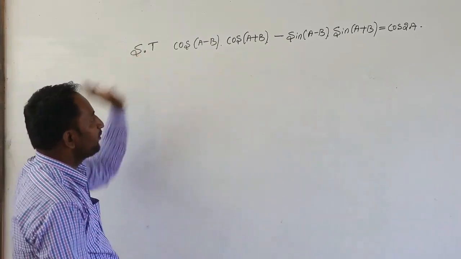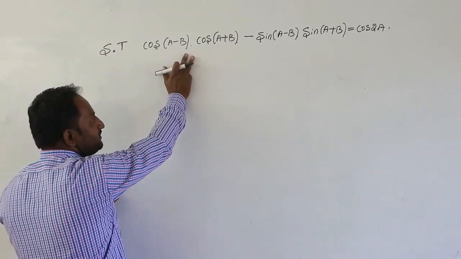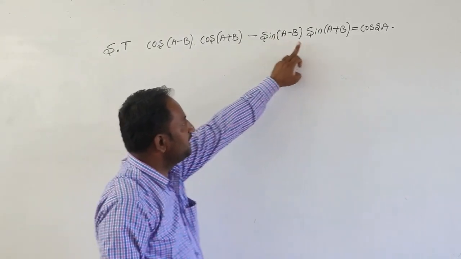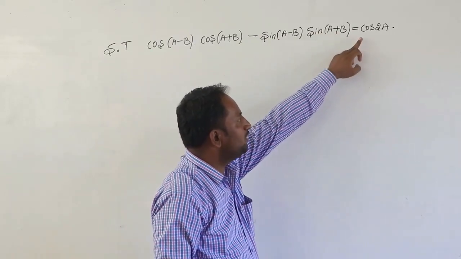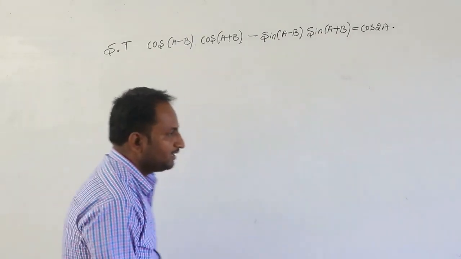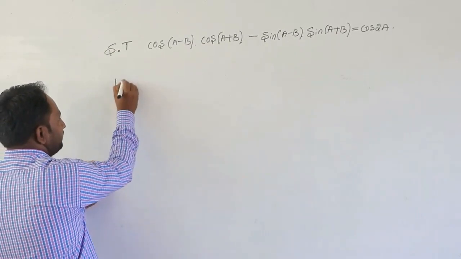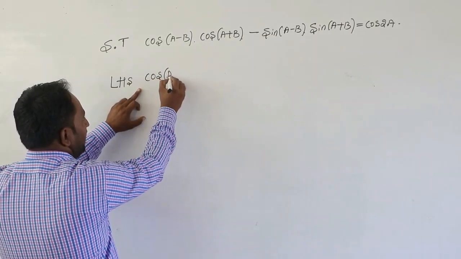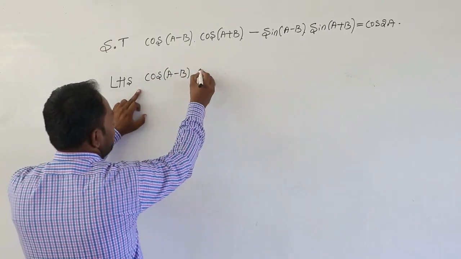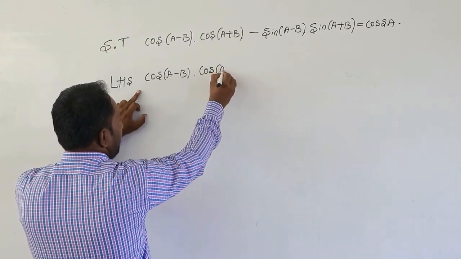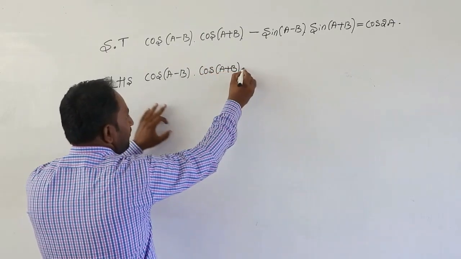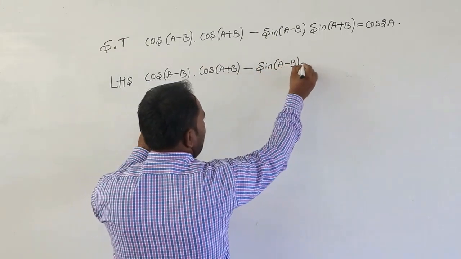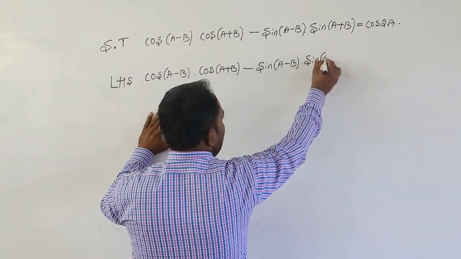Similarly, we can take another problem: cos of a minus b into cos of a plus b minus sin of a minus b into sin of a plus b is equal to cos of 2a. Here again consider LHS value: cos of a minus b into cos of a plus b minus sin of a minus b into sin of a plus b.